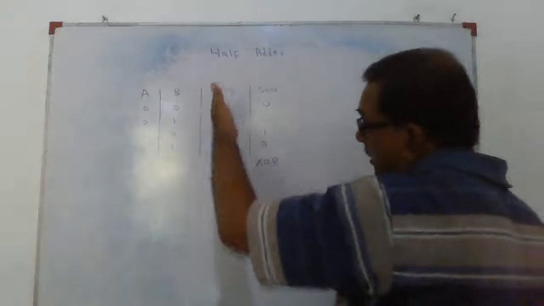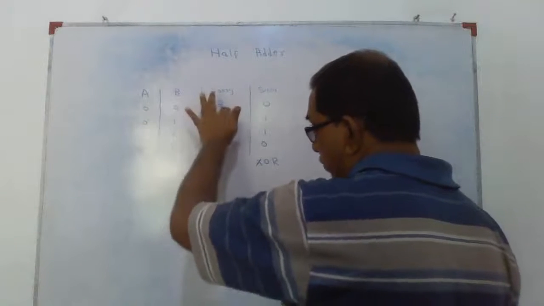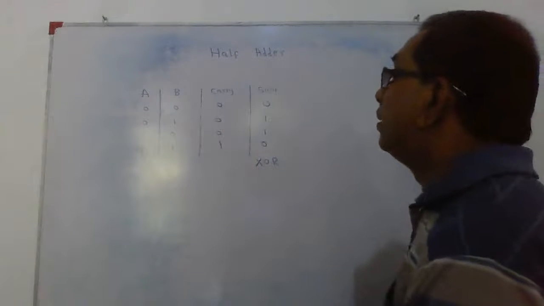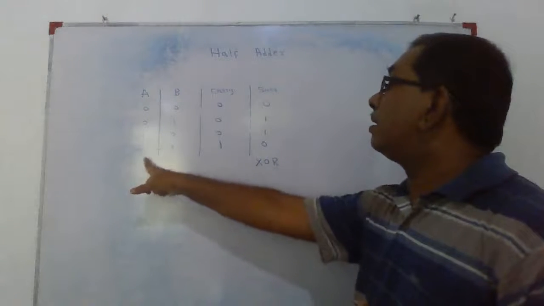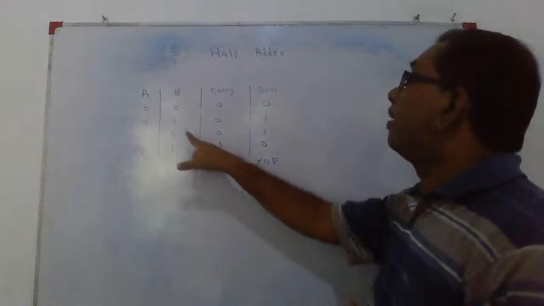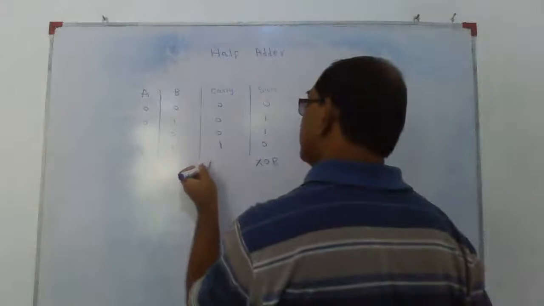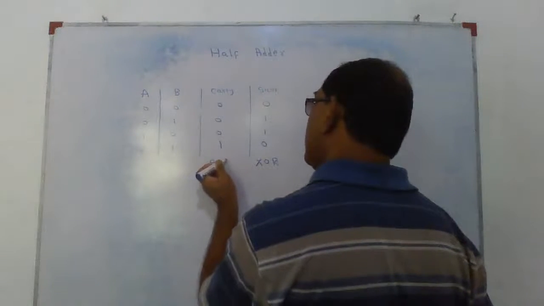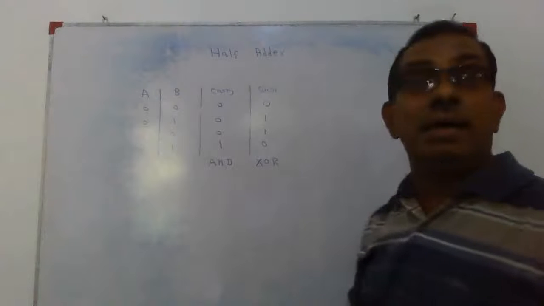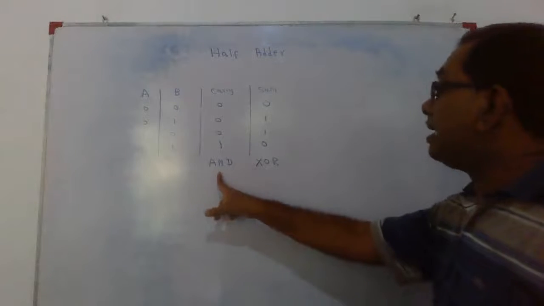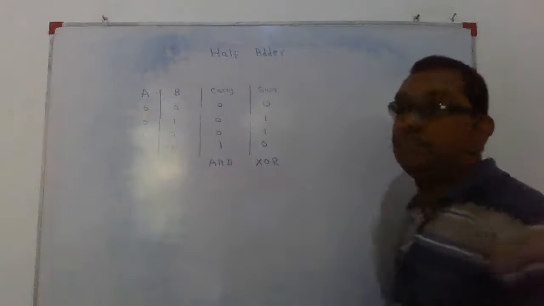What do you think about the carry? All these situations we have taken 0. So if both values are true, 1 into 1, we have taken 1. In other cases, we have taken 0. What is the basic gate here? It is the AND gate. Now, in order to add 2 bits, we need such a structure. We see the AND gate and the XOR gate are used in order to get the sum and the carry.